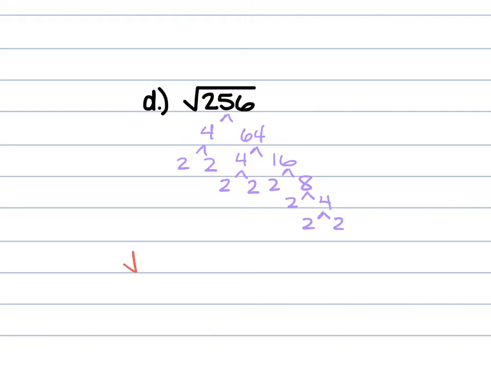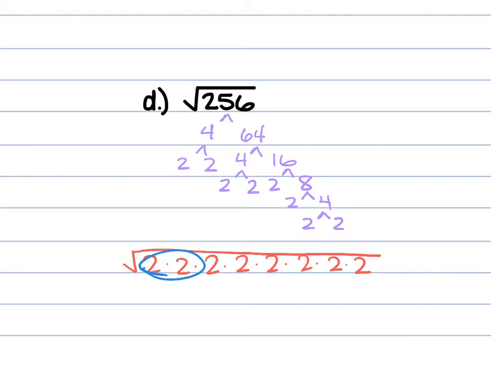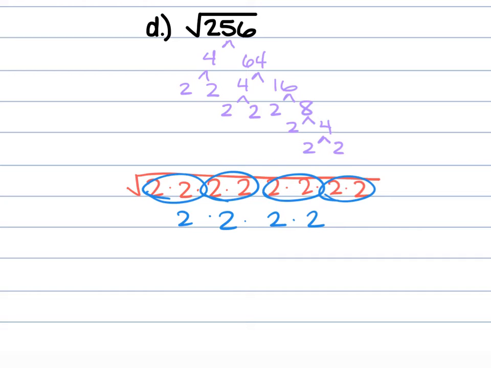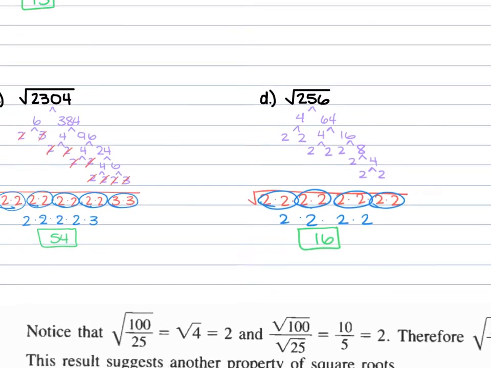So again, this is the square root of 2 times 2 times 2 times 2 times 2 times 2 times 2 times 2. We're going to pair the 2s, so this is 1, this is another, and another, and another. So 2 times 2 is 4, times 2 is 8, times 2 is 16. So the square root of 256 is 16.